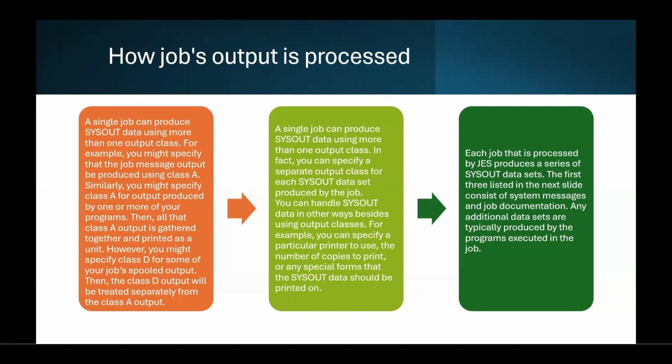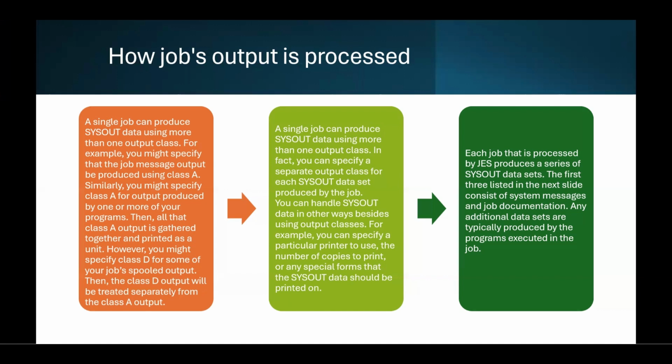As per the requirement, you can specify the SYSOUT class or output class, whether it is A or D or anything as per the requirement. Each class will be treated separately as an output. And as I already mentioned, a single job can produce SYSOUT data using more than one output class.